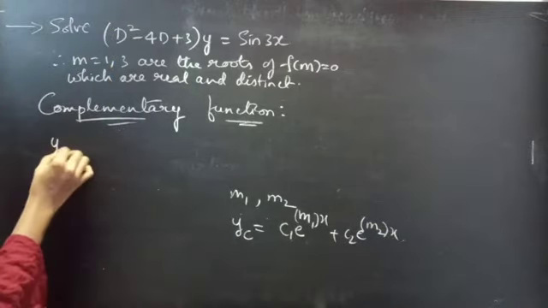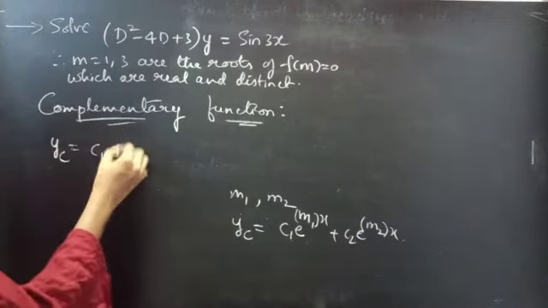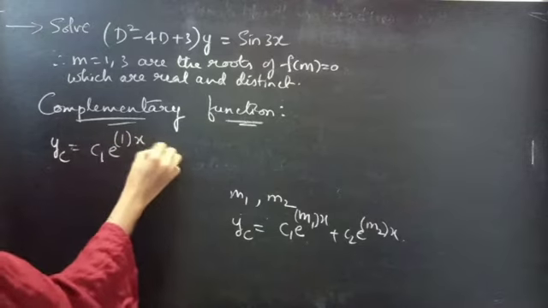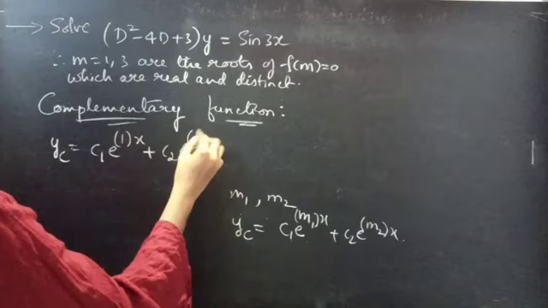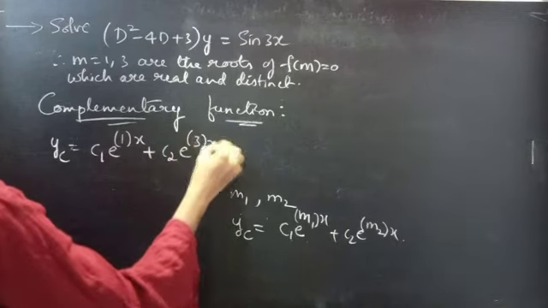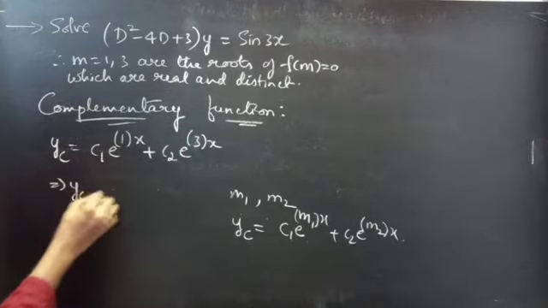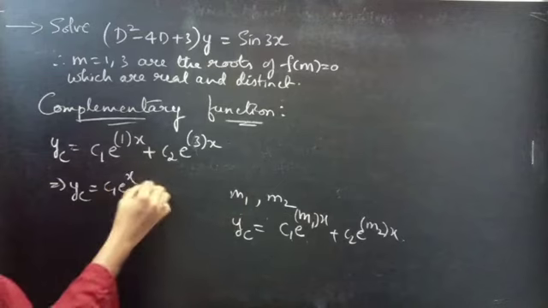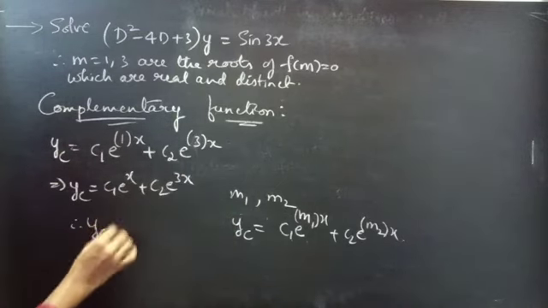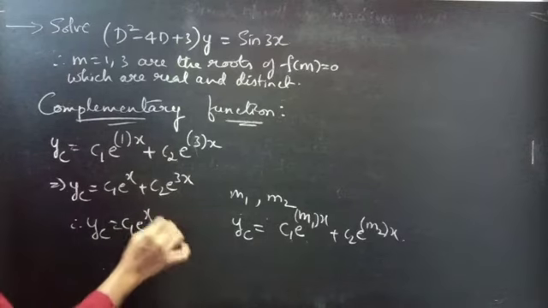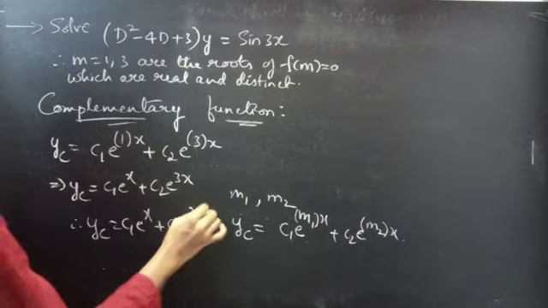So here our complementary function will be c1 e power 1 root, say 1, into x plus c2, another constant, into e power another root 3, right, into x. Then yc equals to c1 e power x plus c2 e power 3x. Therefore yc equals to c1 e power x plus c2 e power 3x.